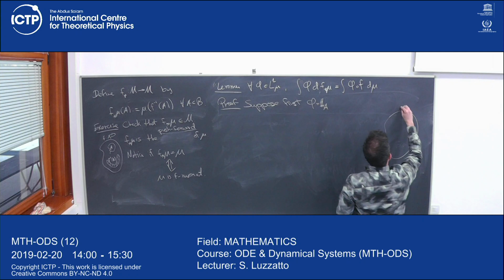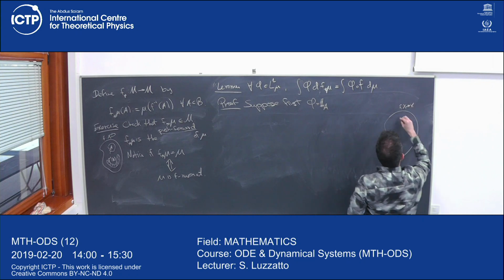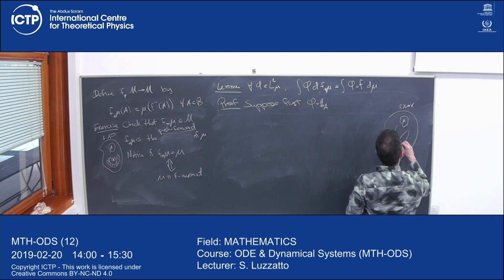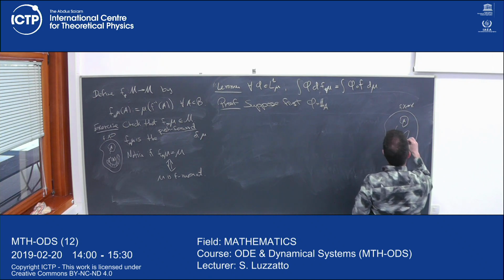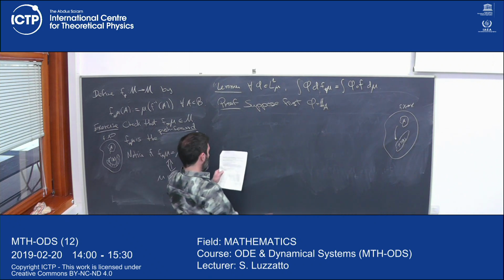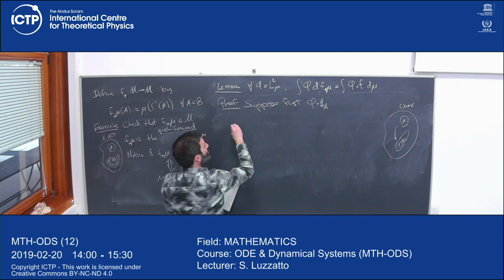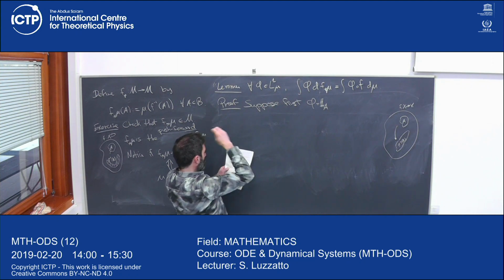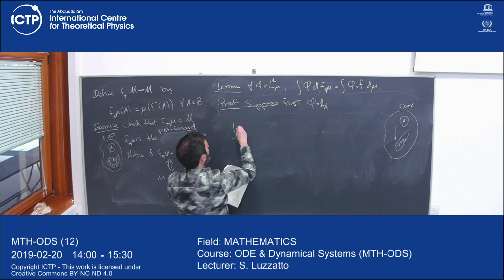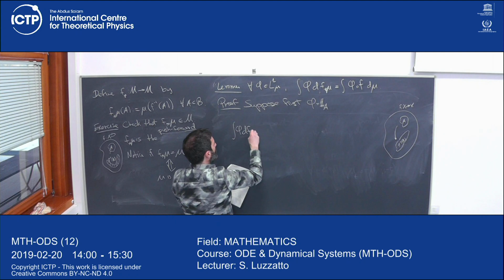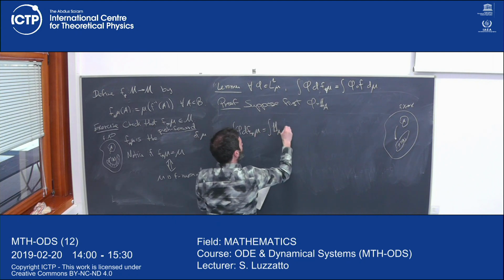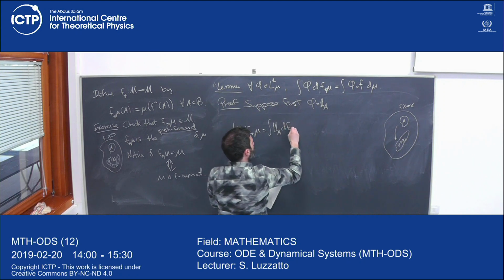So here we have our map, here we have our set A, here we have the pre-image of A, and then we have, so what is f star? So the integral of phi d f star mu is equal to the integral of the characteristic function of A with respect to the measure f star mu.